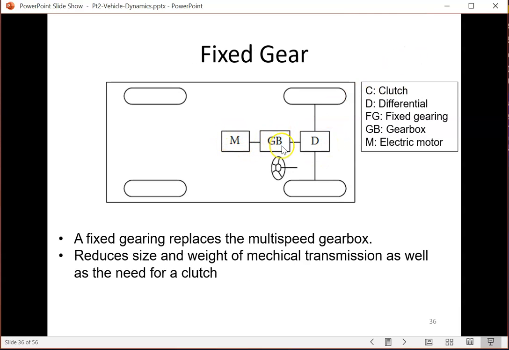So you have the motor connected to the gearbox and then to the differential gearbox. Of course, that will help reduce the mechanical complexity and the size and weight of the mechanical transmission as well, because you don't need a clutch anymore.